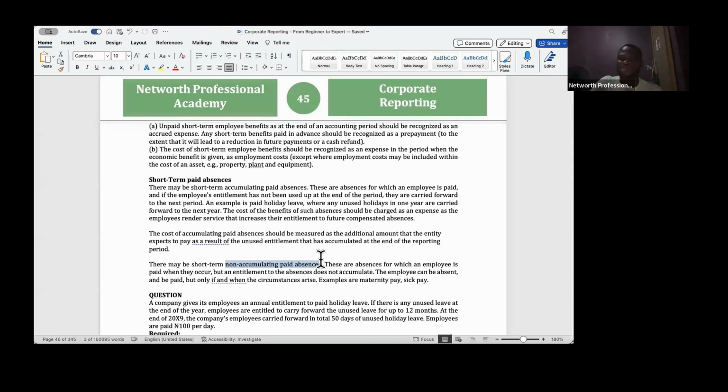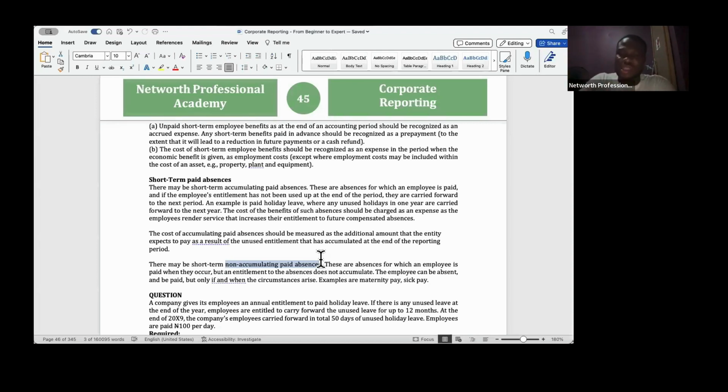Now, the one that could be tricky, which is what most entities would do, I guess, is the one of let me stay on leave. They will say that if you don't get your leave this year, you can carry it forward to next year. Meaning you will still get paid for your leave allowance next year.